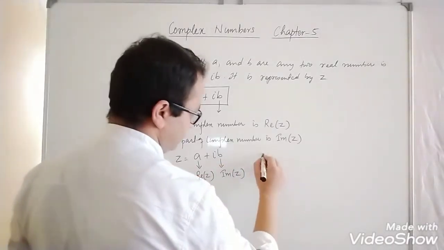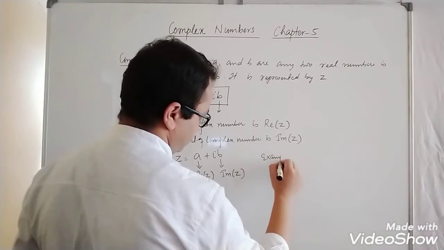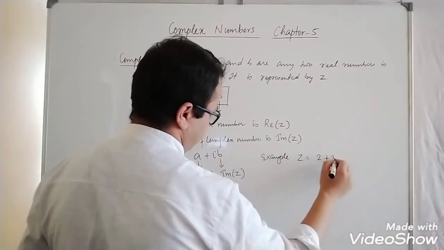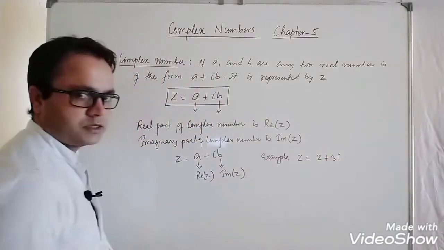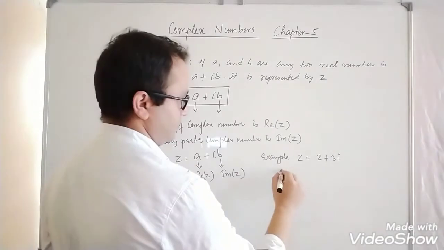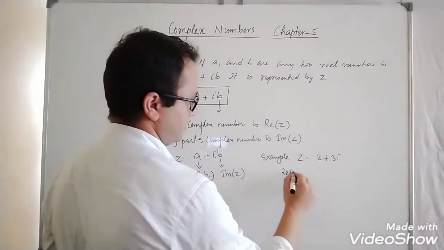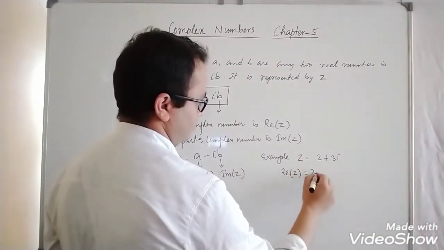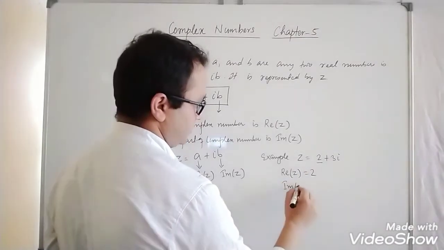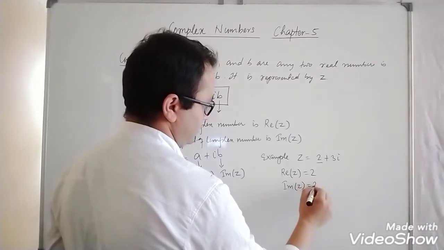For example, z equals 2 plus 3i. Here the real part of the complex number is 2 and the imaginary part is 3.